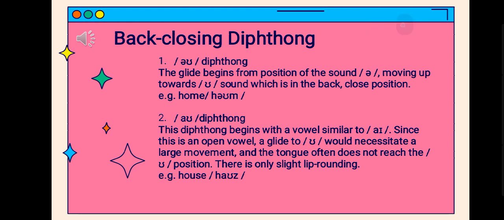This diphthong begins with a vowel similar to I. Since this is an open vowel, a glide to the closing position would necessitate a large movement. The tongue often does not reach the position. There is only slight lip rounding.